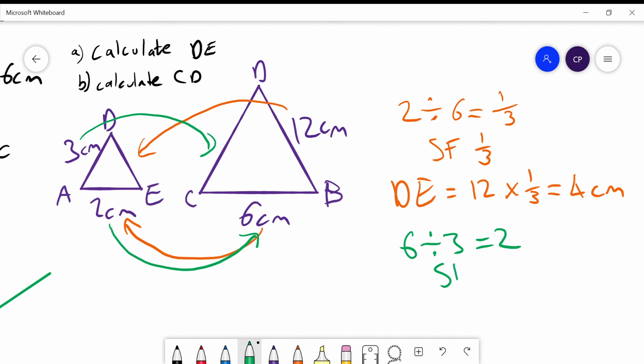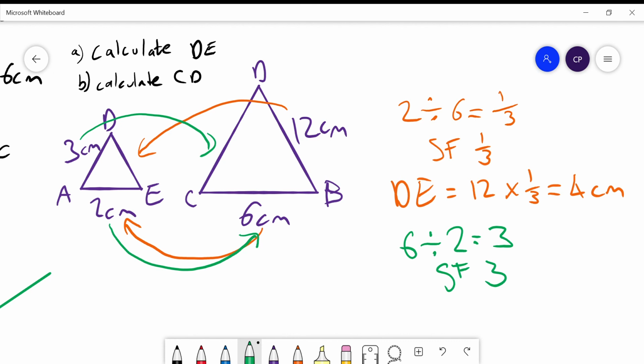So for my scale factor, going from the smaller one to the bigger one, I get, sorry, completely wrong there. Let's start that again. There we go. Right, let's try my maths again. So I'm going from 2 to 6, which means I do 6 divided by 2. That's much better. 6 divided by 2 is 3. So my scale factor is 3. Obviously that's true because if the other scale factor is a third, then 3 makes more sense.